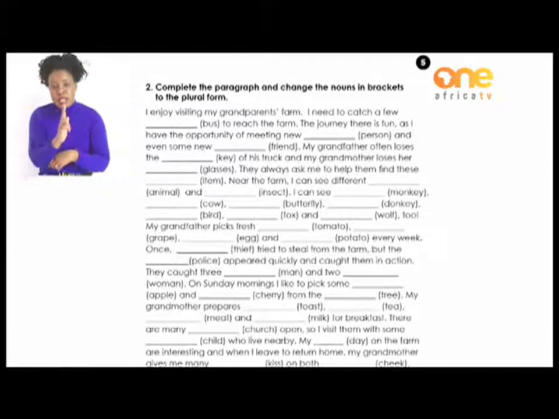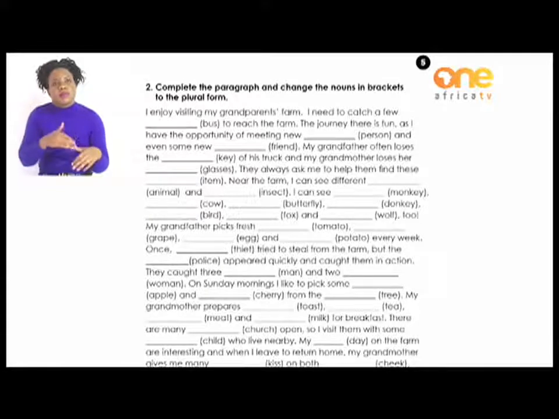The journey there is fun, as I have the opportunity of meeting new people and even some new friends. So you may complete the rest of the paragraph on your own. Remember, all the nouns are in the singular form. You must change them to the plural form.